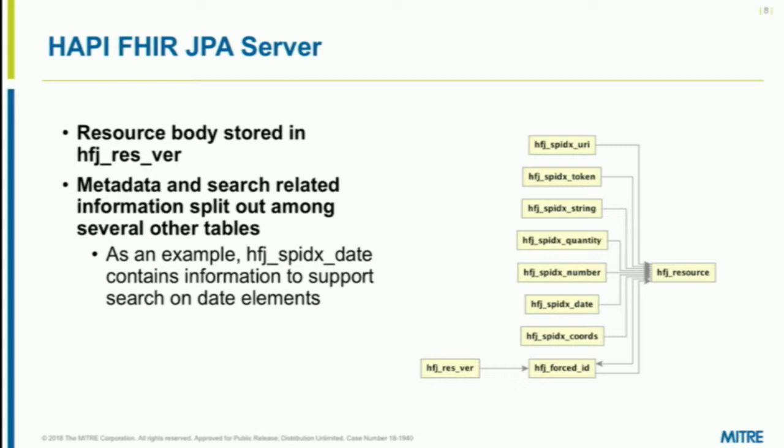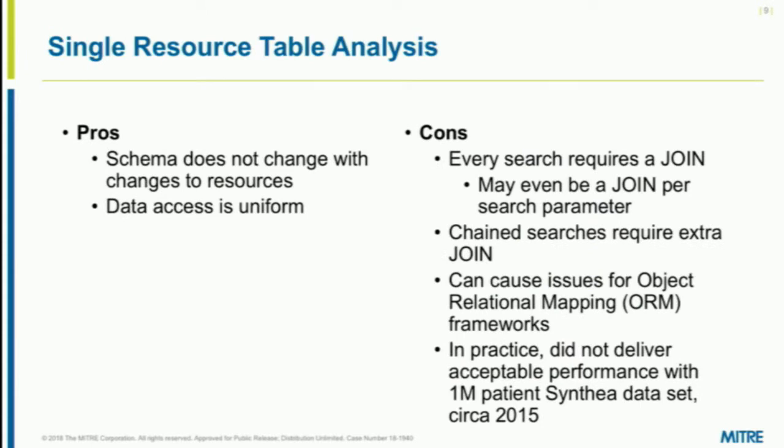They provide a full stack implementation of FHIR, and they follow this approach where all of their resources go into one table, and then they have some metadata that is split out to support searching. You can see there's a whole bunch of other tables here that are associated with a particular type. String types get pulled out into their own table that are used to support searches and things like that. So when we first started out, we pulled down HAPI.